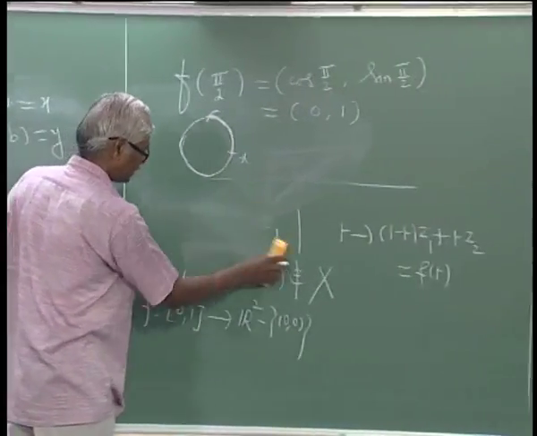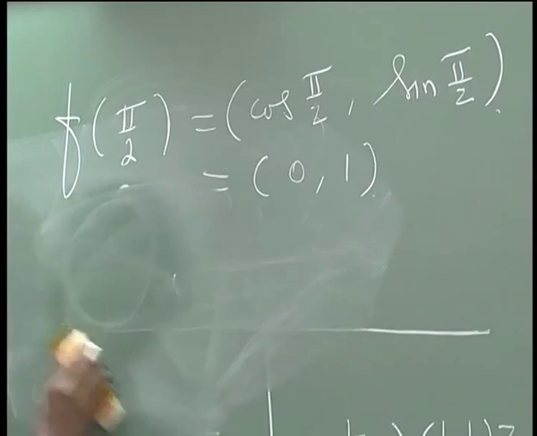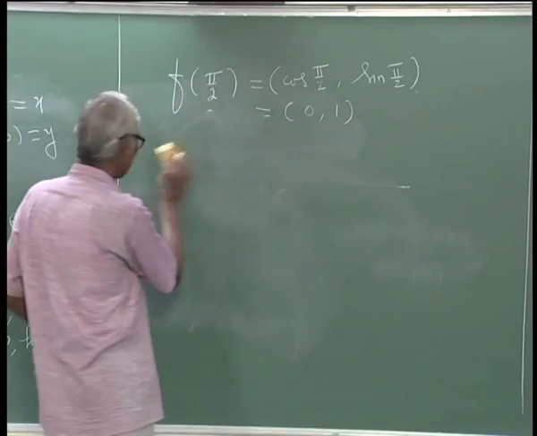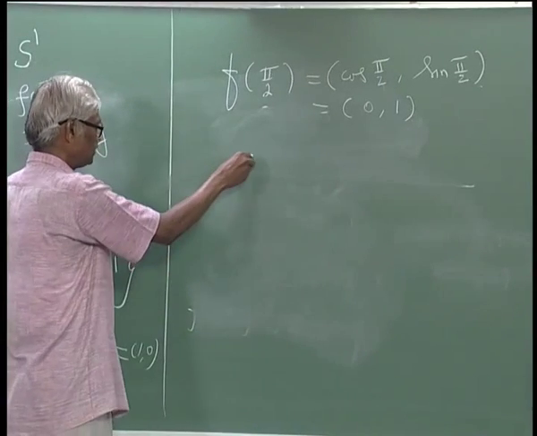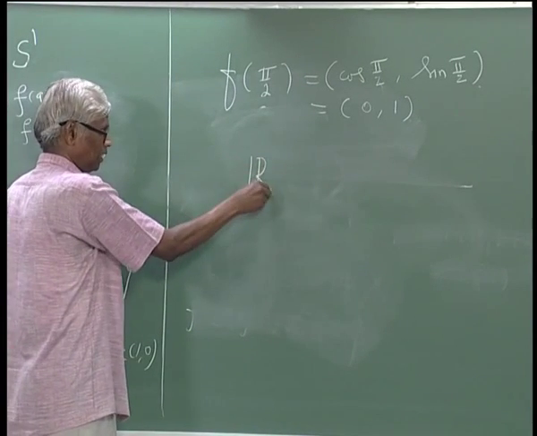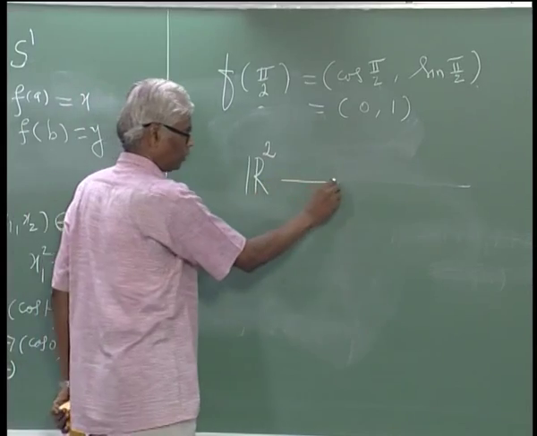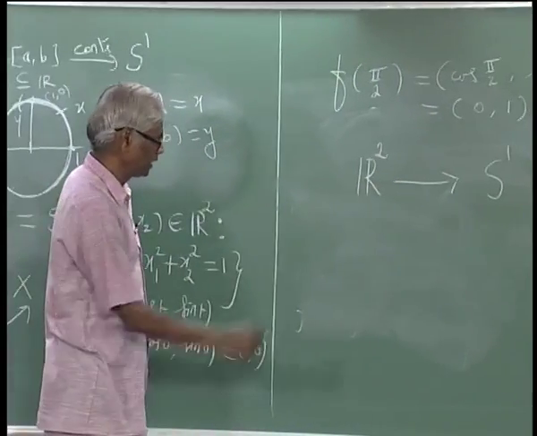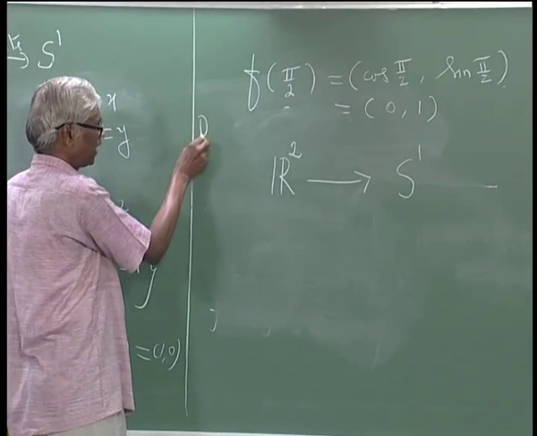So, S1 is pathwise connected. In fact, it is also easy to see that from R2 to S1 we can define a map in a natural way.